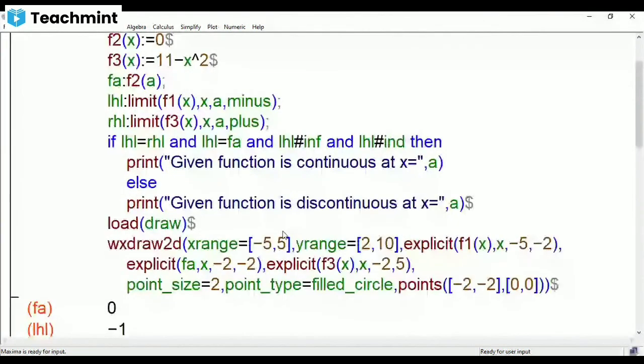It is -4 to 4, and the y-axis range is -15 to +15, so that you will get a nice graph within this range.